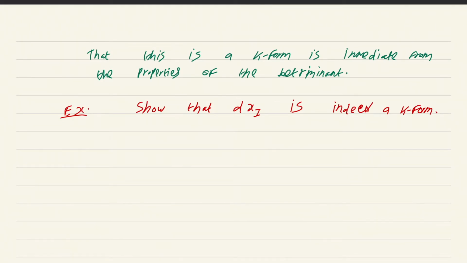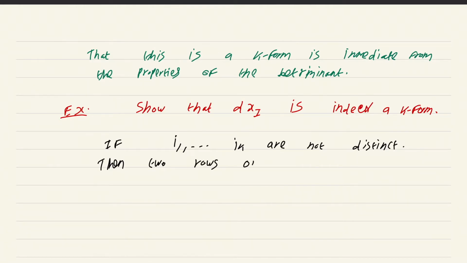Now let's analyze this example a little bit more. If I1, ..., ik are not distinct, note I said that I am not making the assumption that they are distinct, then two rows of the matrix will be the same.